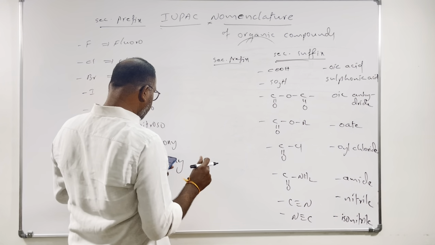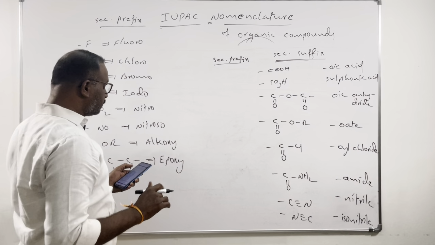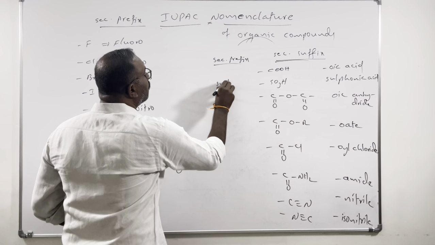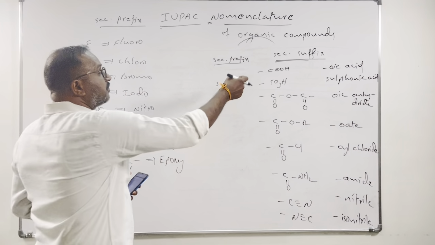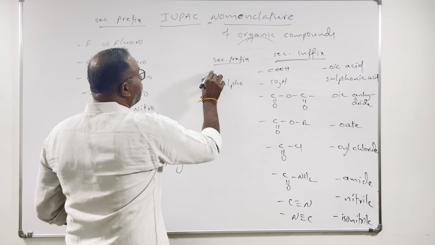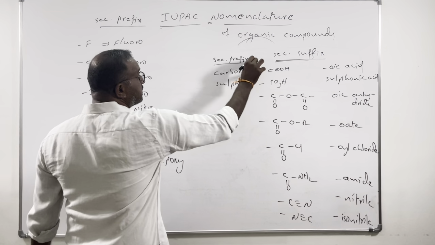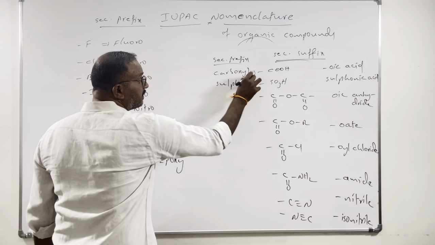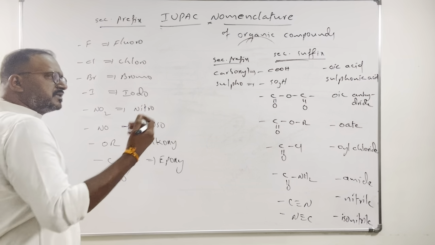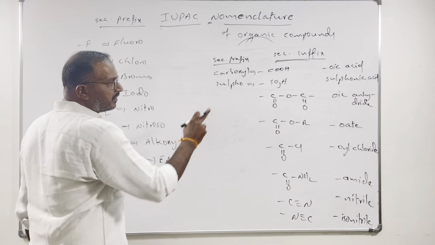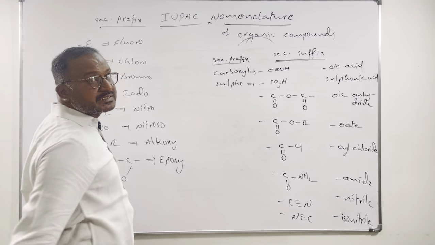If it is secondary prefix, the name should be sulfo. And if you want to write secondary prefix for this, we say carboxy. If there is a possibility to write secondary prefix, sometimes it will become so. For this, if it is secondary suffix, sulfonic acid; if it is secondary prefix, sulfo.